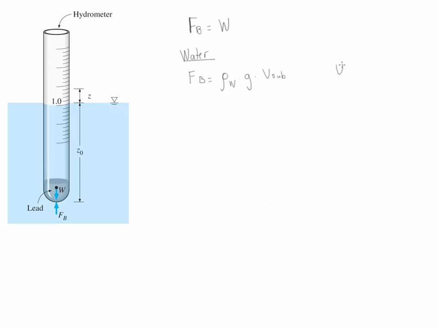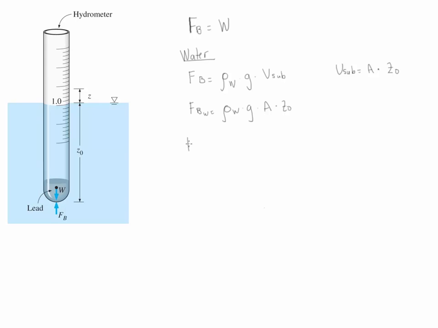For pure water, the volume that is submerged is simply the cross-sectional area of the glass times the value of Z0. Therefore, the buoyancy force for water is going to be density of water, g, A, and Z0.